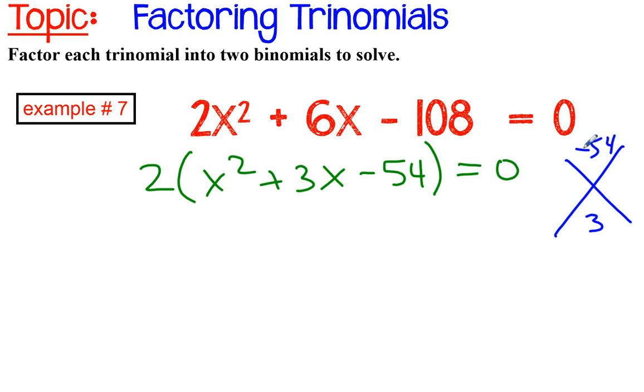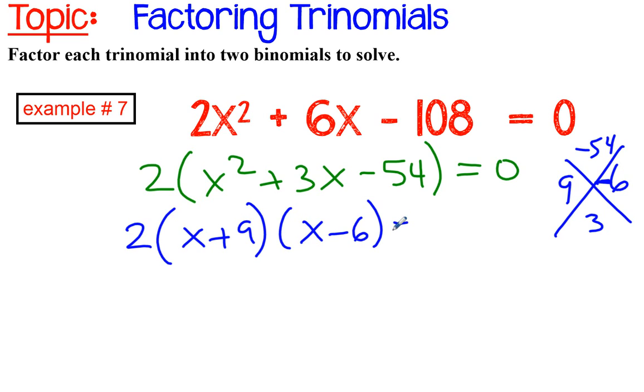One of your numbers needs to be negative because the product is negative. So 54 doesn't have that many factors, so I know I've got a 9 and a 6. But since our sum is positive, I'm going to give that negative sign to my lower number because 9 minus 6 is 3. So my factors are positive 9 and negative 6.